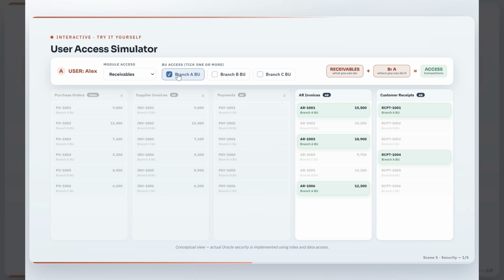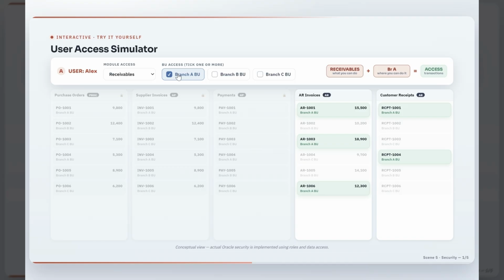Branch B and branch C transactions remain unavailable because Alex has not received data access to those business units. So module access alone activates the functional area, but it does not automatically provide access to any branch data. The combination becomes complete only after the relevant business unit data access is assigned.